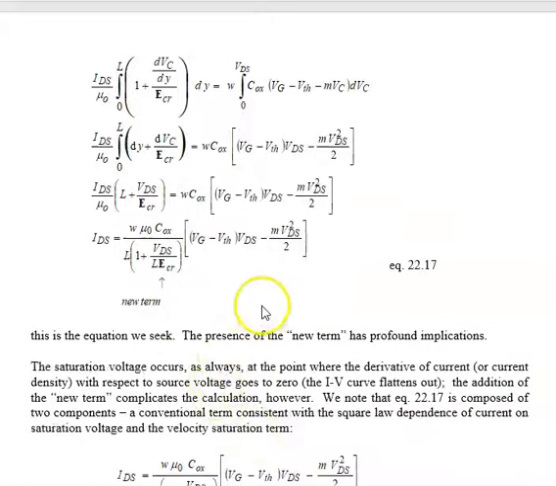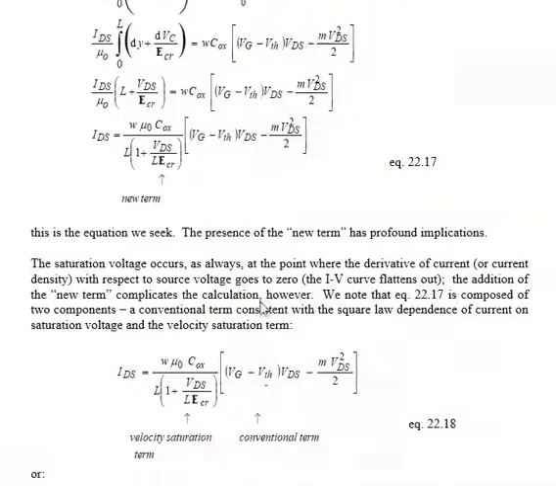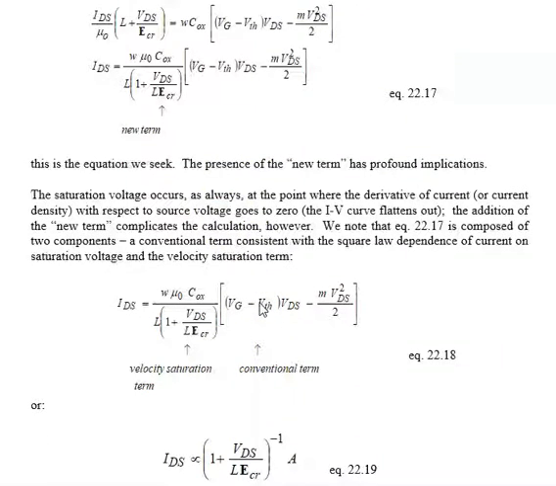Okay, so that looks not too bad, but now we want to find VD sat. So first, let's take a look. We rewrite the equation. This is the velocity saturation term. This is the conventional term. We can just call this anything we want.